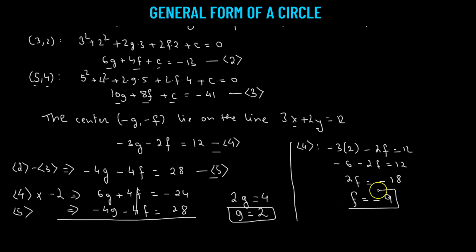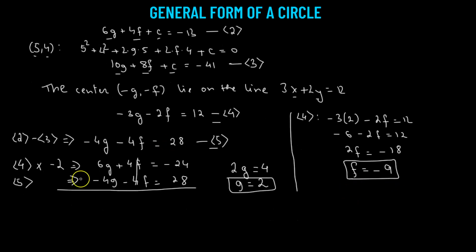Now we can use the value of f and g and substitute in either equation 2 or equation 3 to obtain the value of c. So let's use equation number 2. That will be easier to find out the value. So equation number 2, we have 6g plus 4f plus c equals negative 13.